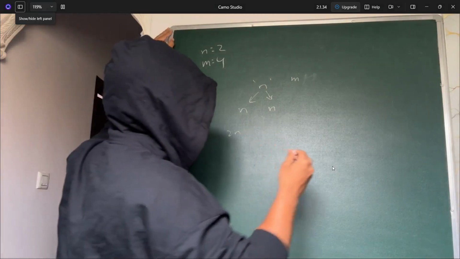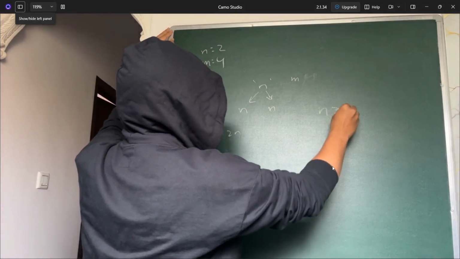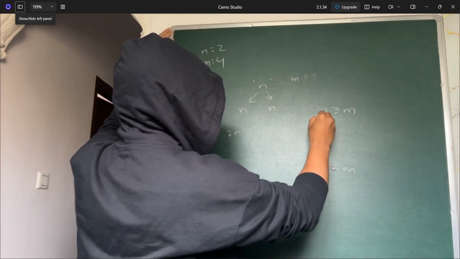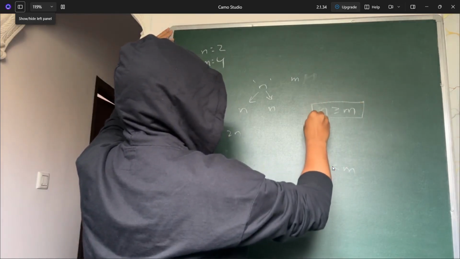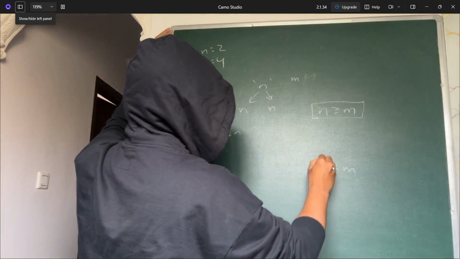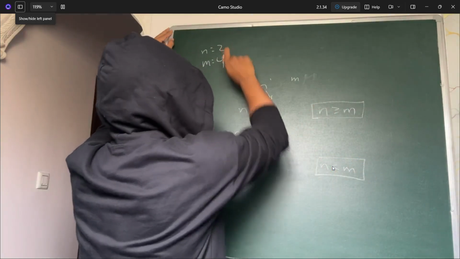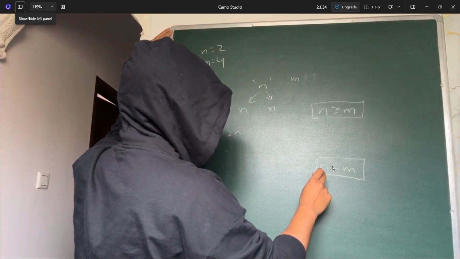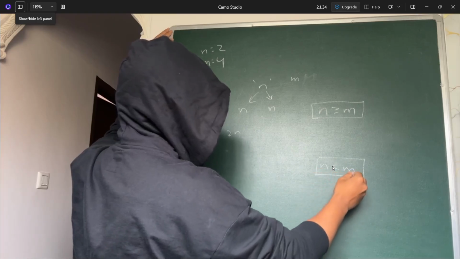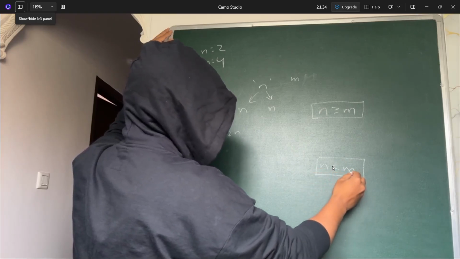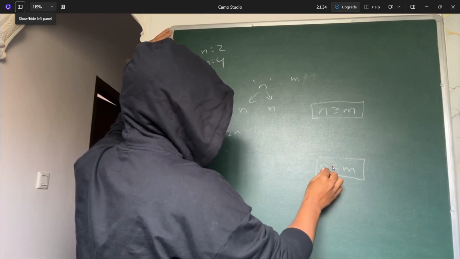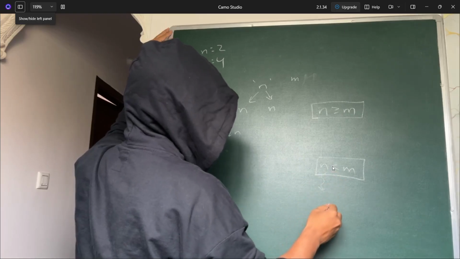So there will be two cases: when n is greater than or equal to m, and when n is less than m. This is the case I'll deal with right now. When m is greater, he has a lesser number of friends but more left shoes. So he doesn't need to purchase any left shoes from the market. He just needs to purchase n right shoes, right?